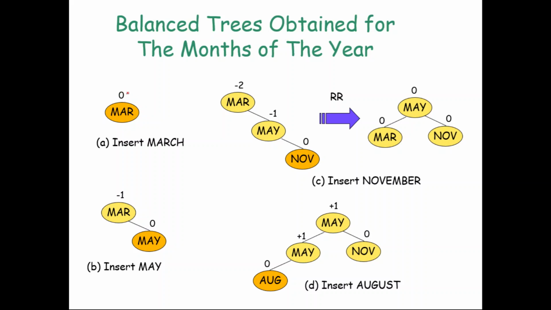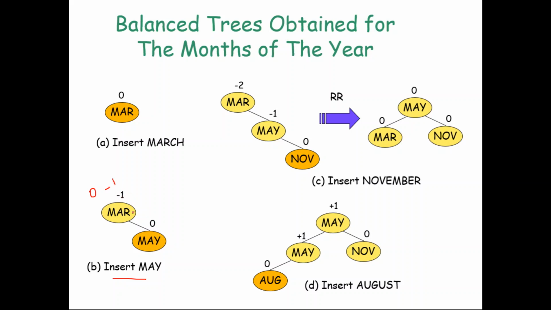If you calculate the balance factor for March, it is 0, because it does not have a left child and it does not have a right child. Now you insert May. May is greater than March, so it comes as the right child of March. The balance factor of May is 0. But for March, it does not have a left child, so it is 0, and it has one right child, so 0 minus 1 is -1.